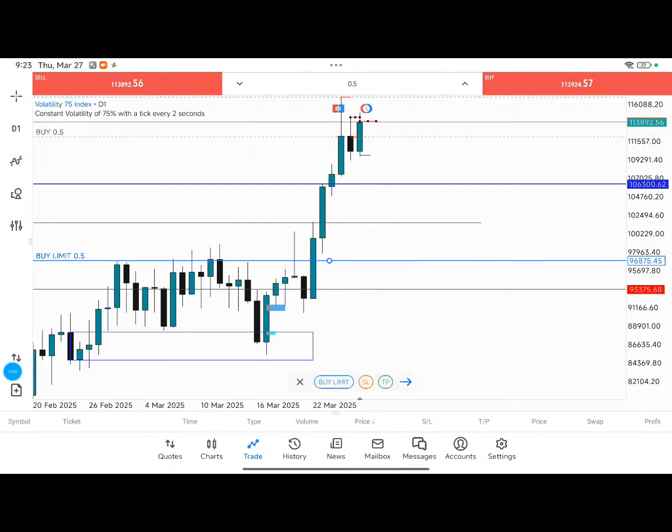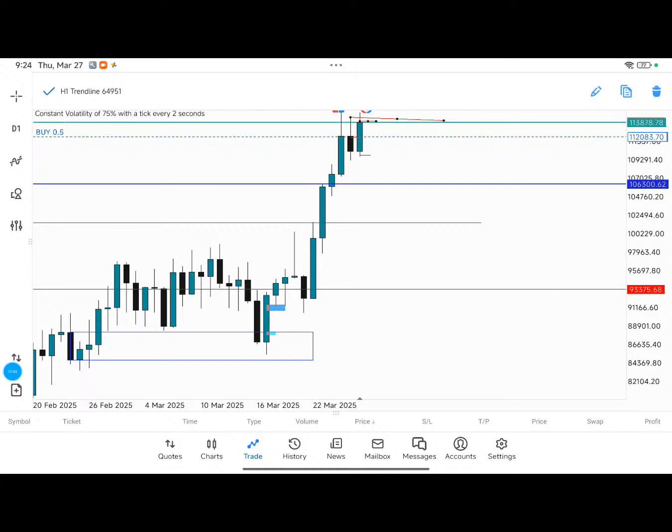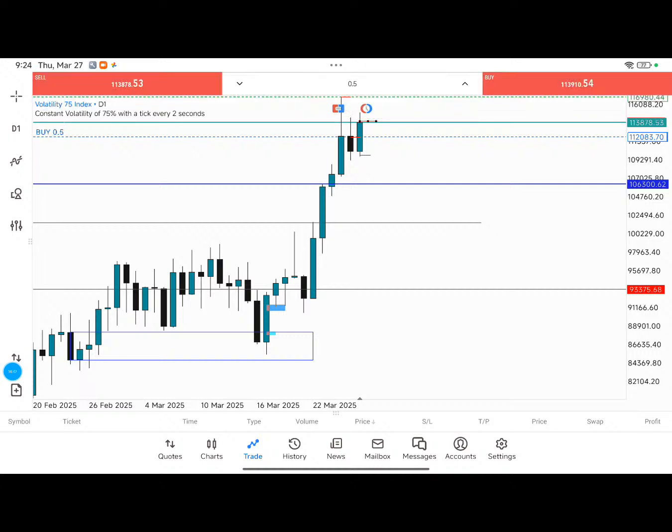Why don't you always leave the drawings and the lines that would indicate the levels that you want to trade to and all that?